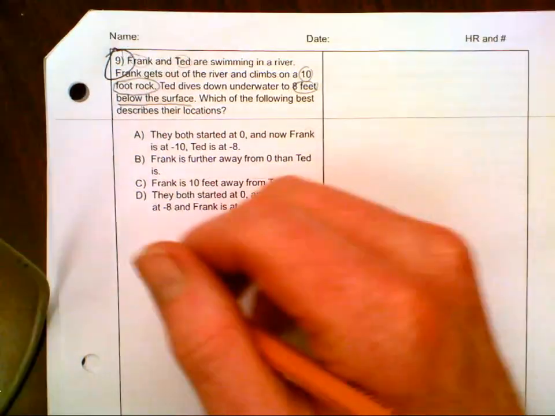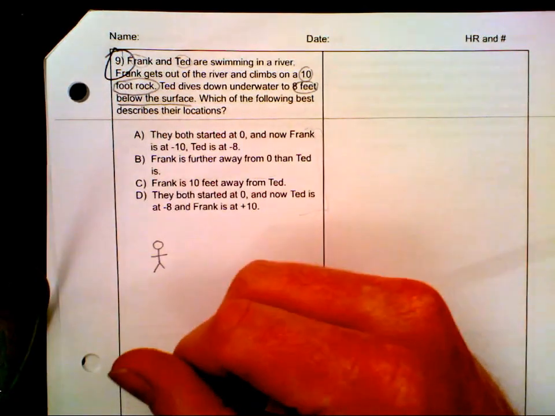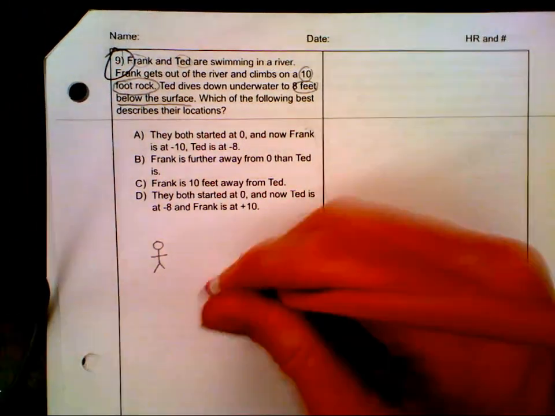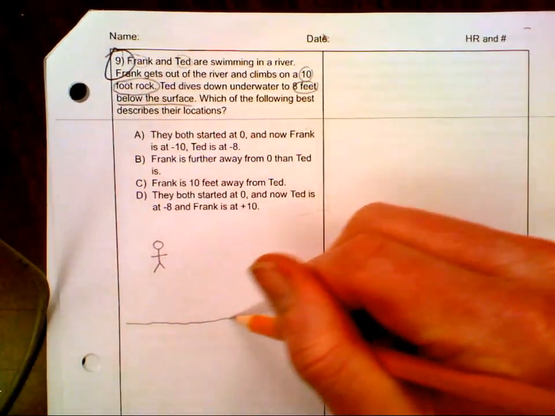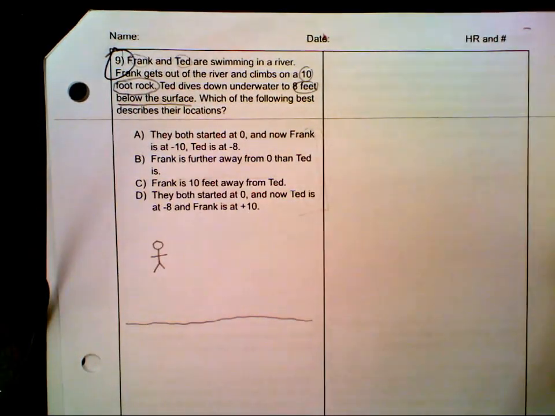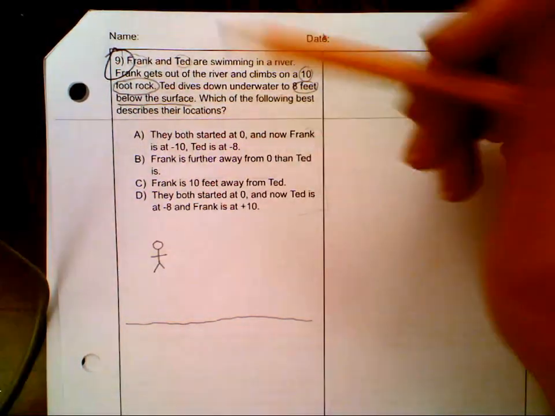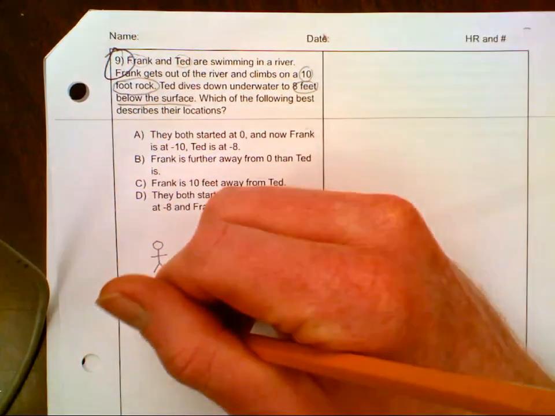So I know that we have Frank, we have a river, and actually I'm not going to draw it that way. I'm going to draw the surface of the river as a straight line across my page. So, I don't remember which name I used for this, but I'm going to start labeling them. So it says Frank gets out of the river and climbs on a 10-foot rock. We can even draw the rock here.